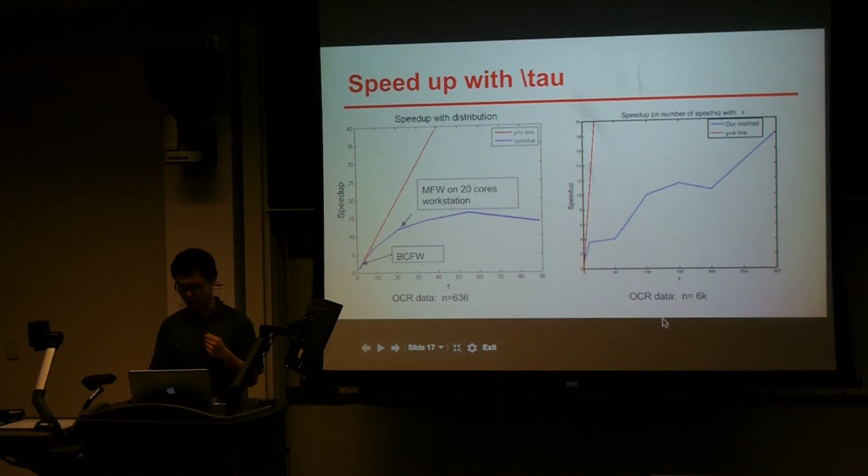And we tried something else too. We increased the size of the data 10 times, and it turns out that the pattern is similar. Although we don't get as much of a boost when tau equals 10, because the speed up is only 4, the asymptotic behavior seems promising because it doesn't even flatten out when it reaches 300.